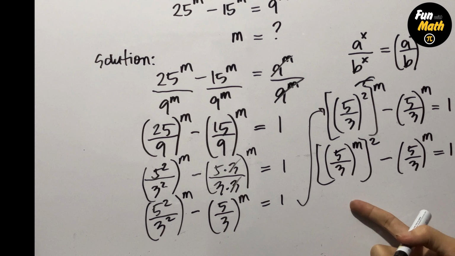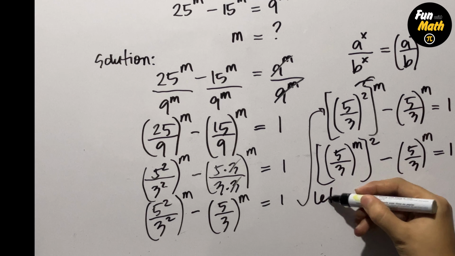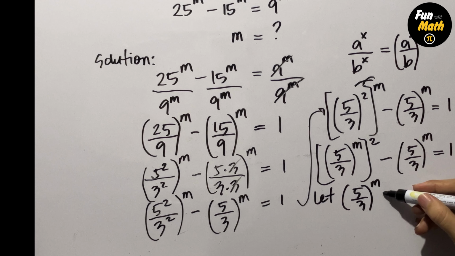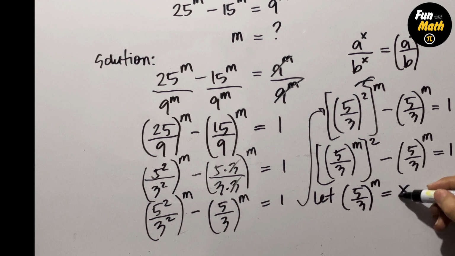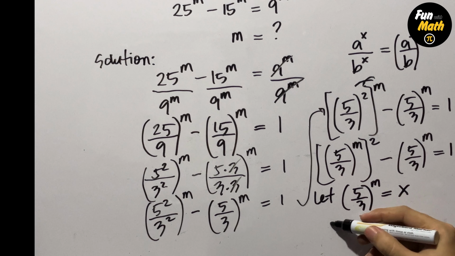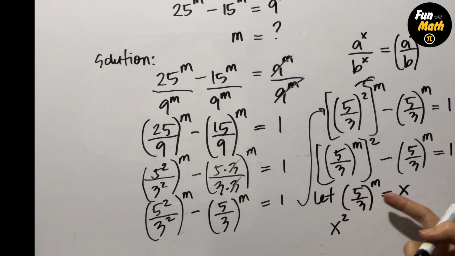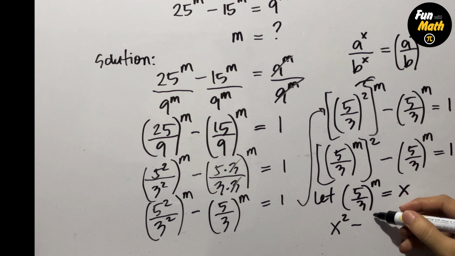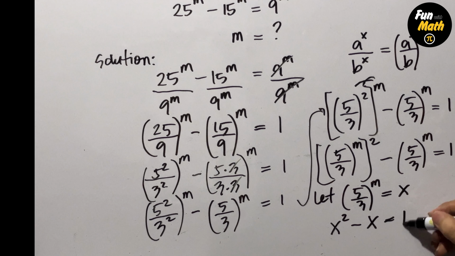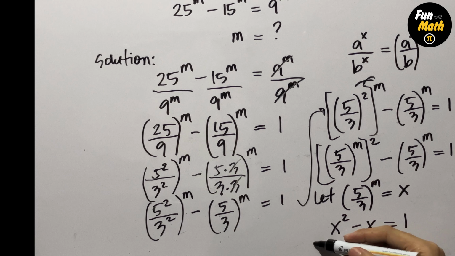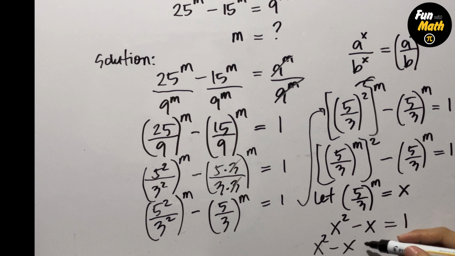Now next, we are going to let 5 over 3 whole to the power of m be equal to x. So we can write it as x squared in the place of 5 over 3 to the power of m, then minus x is equal to 1. Now for this, we can take 1 to the other side. So this is now x squared minus x minus 1, and this is equal to 0.